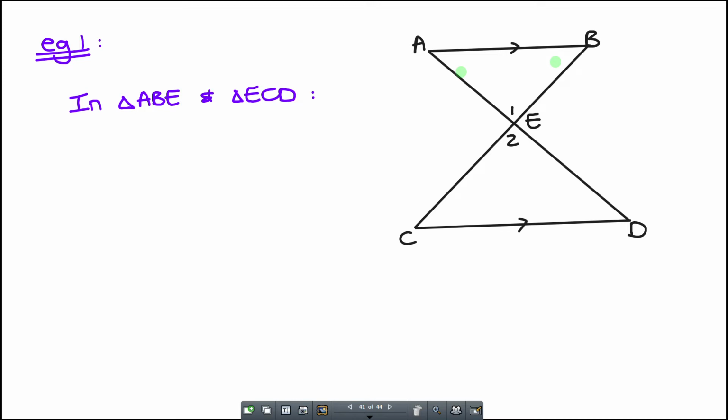Okay, so let's look at our first example. I am giving you 2 triangles, triangle ABE and triangle ECD, and you've got to prove that they are similar. We've only got 2 methods, either all the sides or all the angles. Am I giving you any sides here?